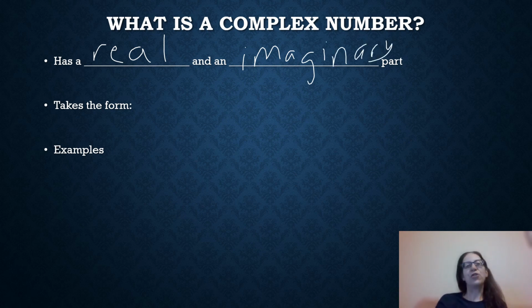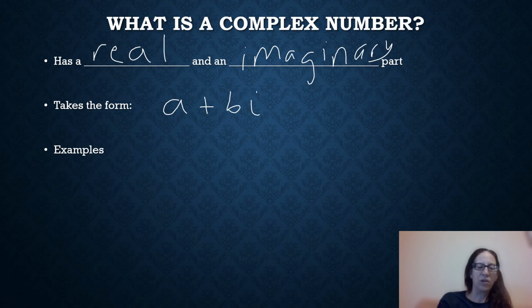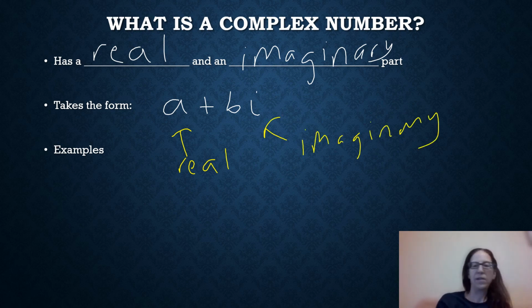That's it. So there's two parts of it. It takes this form, a plus bi, where a is the real part and bi is the imaginary part. Okay? That's it. Might help to see some examples.